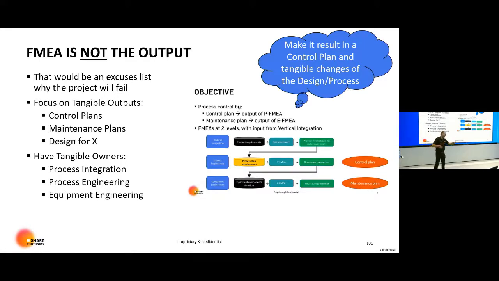Design for X can be anything, design for reliability, design for test, design for manufacturing. Design rules are an output of the FMEA. And you need tangible owners, whether it's process integration, process engineering, or equipment engineering. You need to involve all of them.